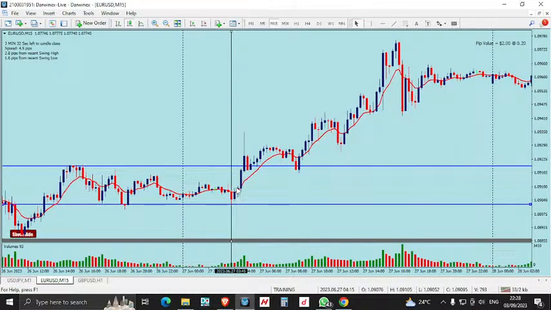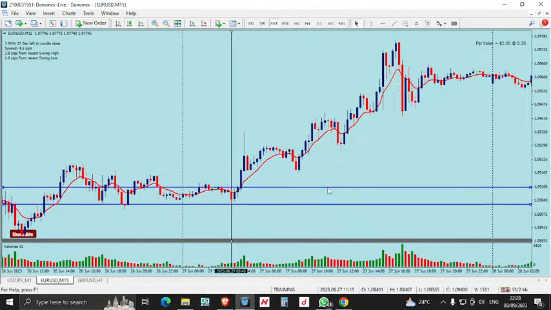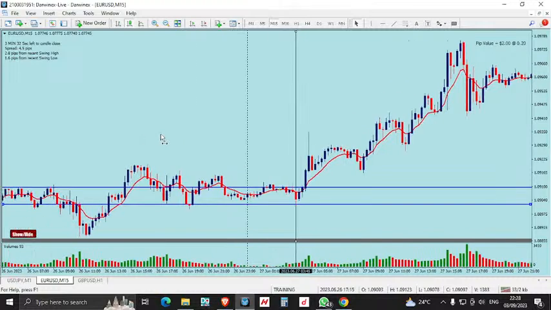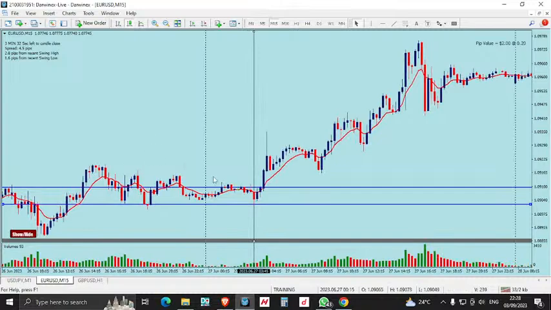This is where we are going to buy. We buy here, which is its close at 1.0909. This is our entry point. Then there are two ways of putting your stop loss. Some people will like to give enough room for their trade.